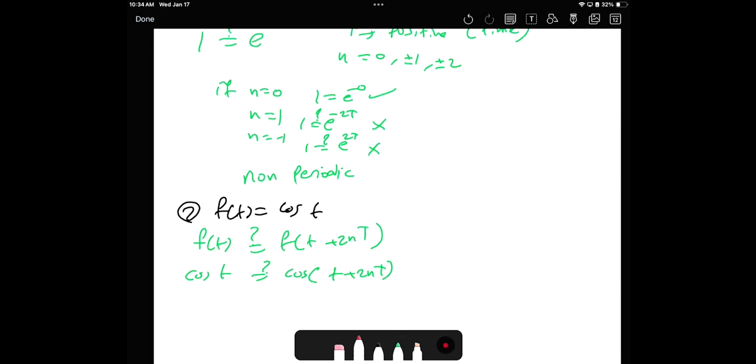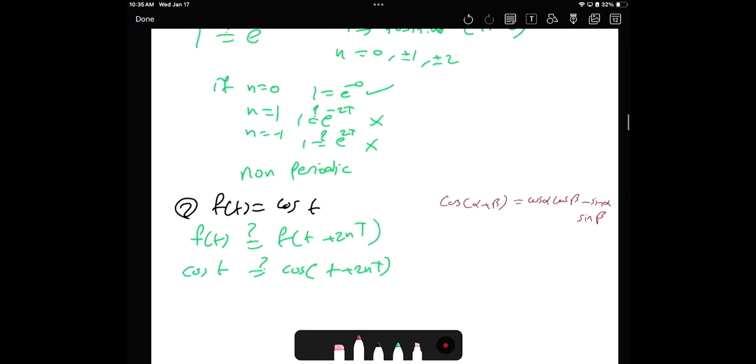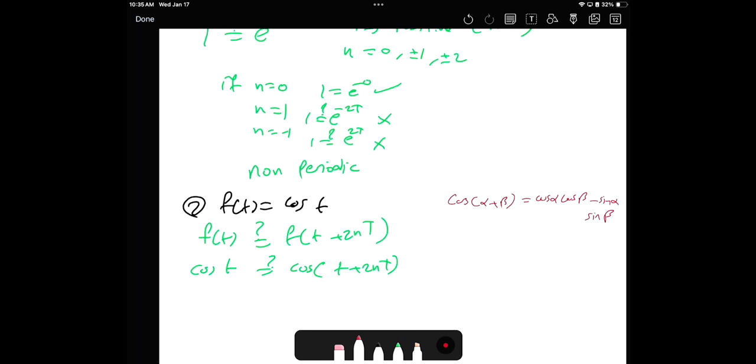Recall the identity: cosine of alpha plus beta equals cosine alpha cosine beta minus sine alpha sine beta. I think you know this from calculus. So now, does cosine t really equal cosine t cosine 2nT plus sine t sine 2nT? Is it really equal?